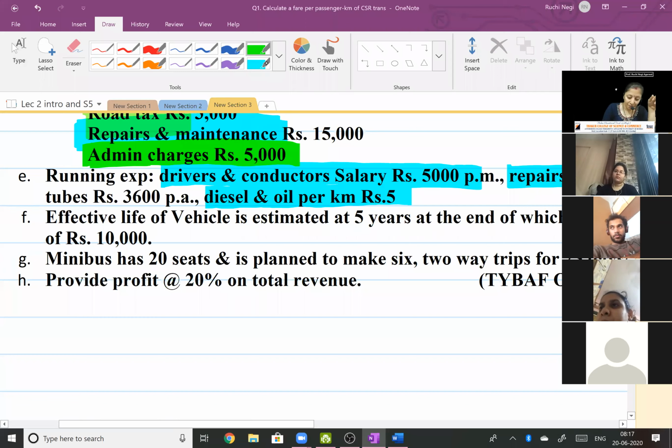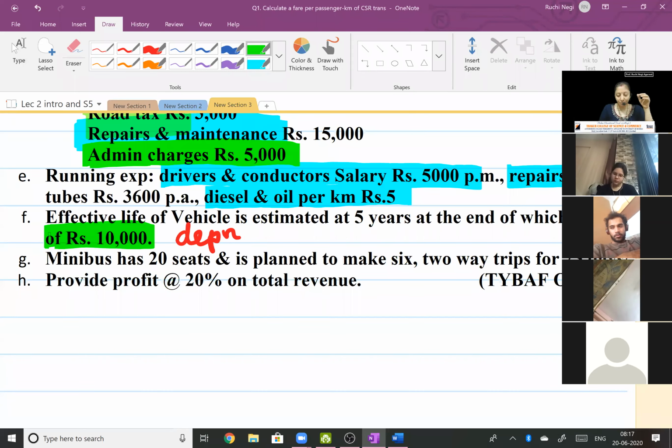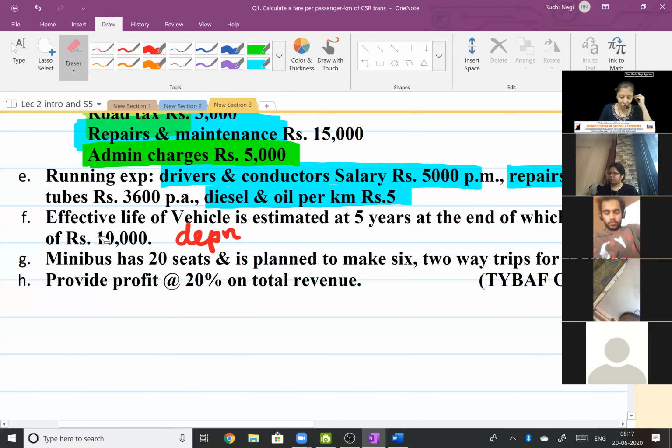Please jot down here, this is depreciation, a fixed cost. We'll have to calculate depreciation, it's not given in the question. So just write there depreciation, and we'll do the calculation.